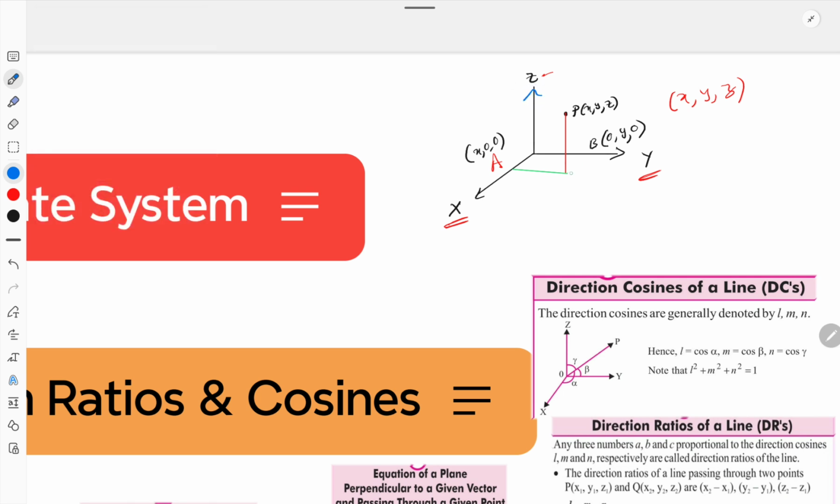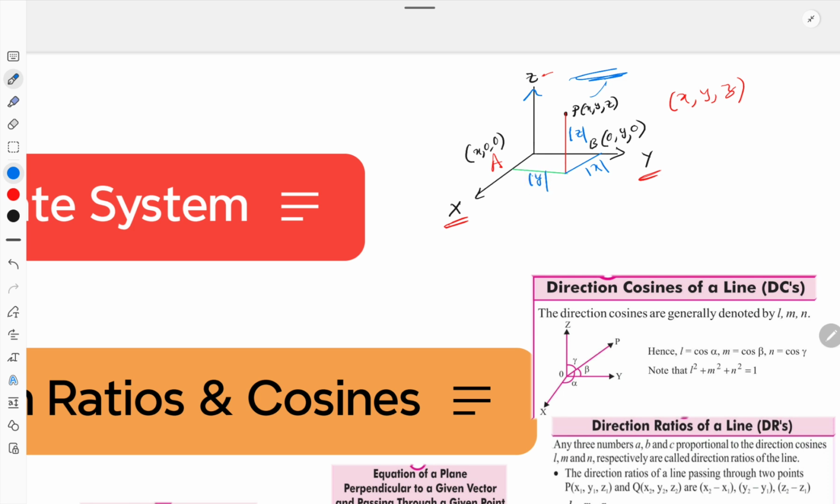If you observe carefully, for every point P (x, y, z), the perpendicular distance of that point from the xy plane is |z|, the perpendicular distance from the yz plane is |x|, and the perpendicular distance from the xz plane is |y|.